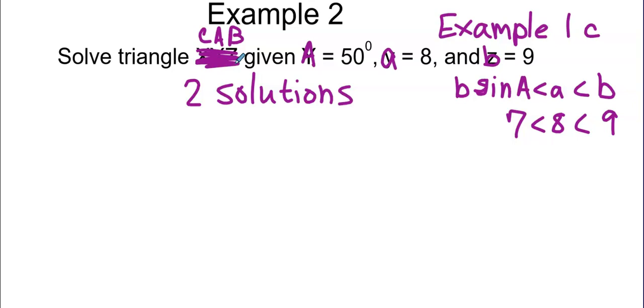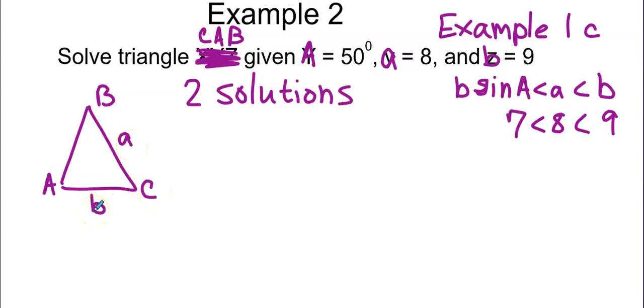We're going to start with drawing a triangle out, so we know where everything is and what we need to find. As a reminder, your triangle does not have to look like mine, but as long as your angle is across from your side, you are good. So that's 50 there, I have 8 here, I have 9 here.